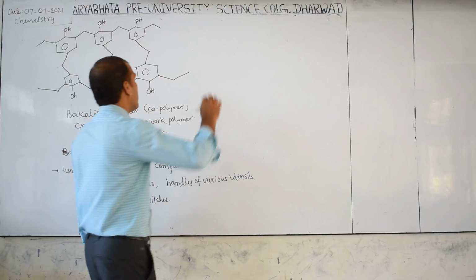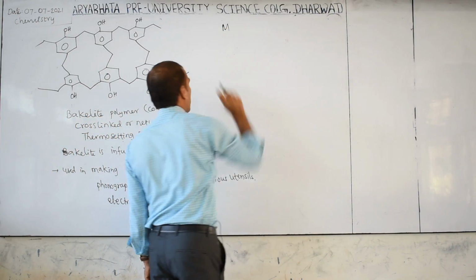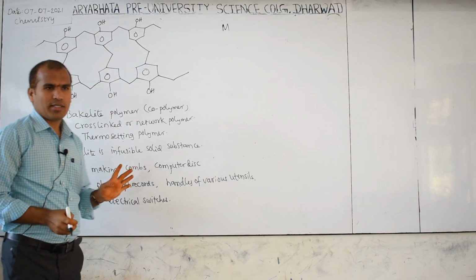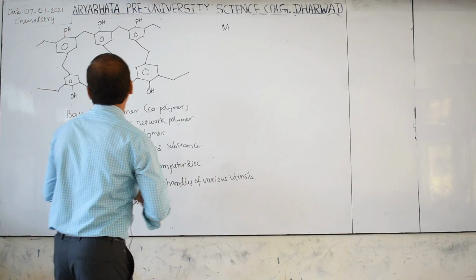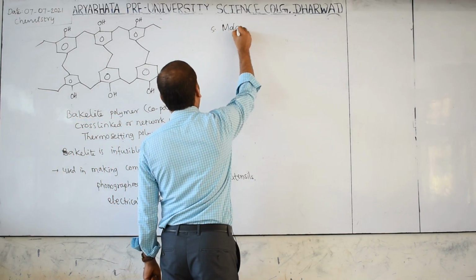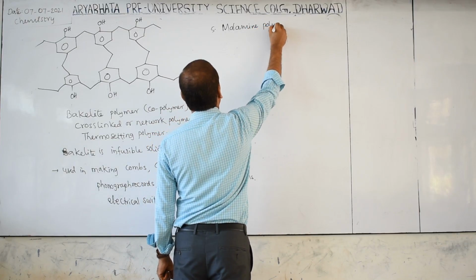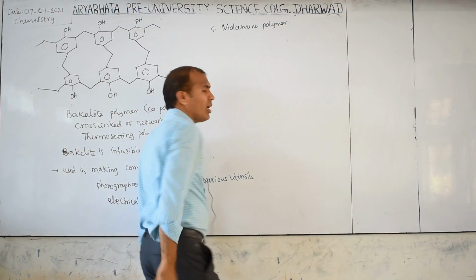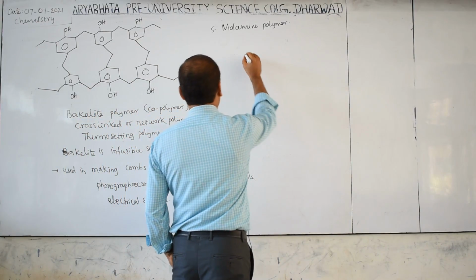Okay. Next, after bakelite, we have melamine. What is the number? Nylon 6 is 1, nylon 6,6 is 2, and terylene is 3. Bakelite is 4. Then this is 5, melamine polymer. So melamine structure first you should know.